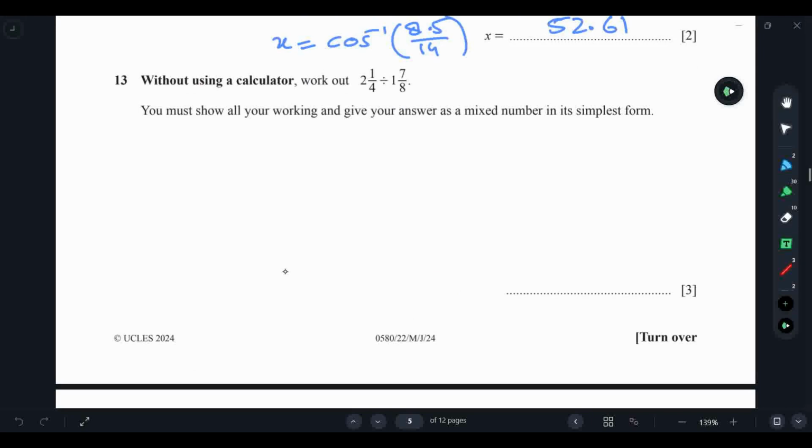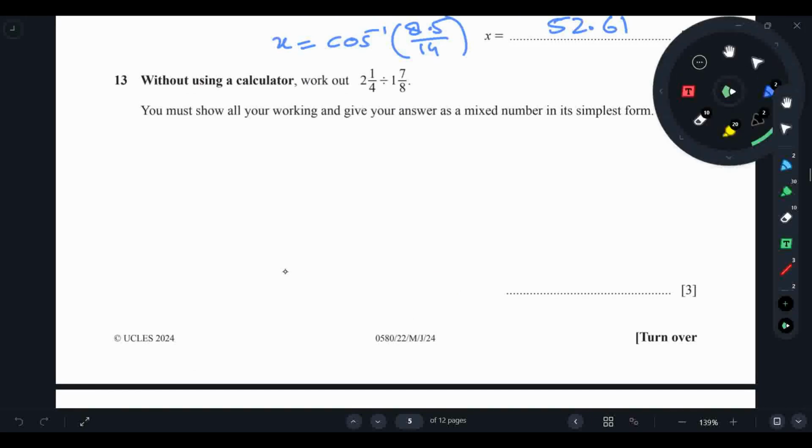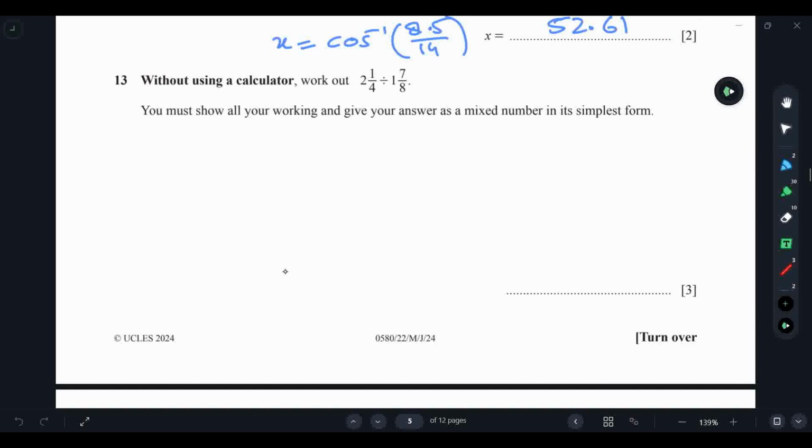Okay, now what we can do is simply convert it into a normal fraction, 4 to the 8, 8 by 4, divided by 8 plus 7, which is 15 by 8.